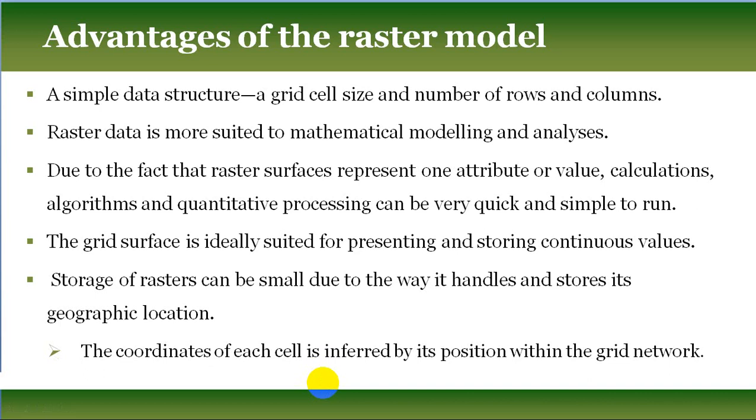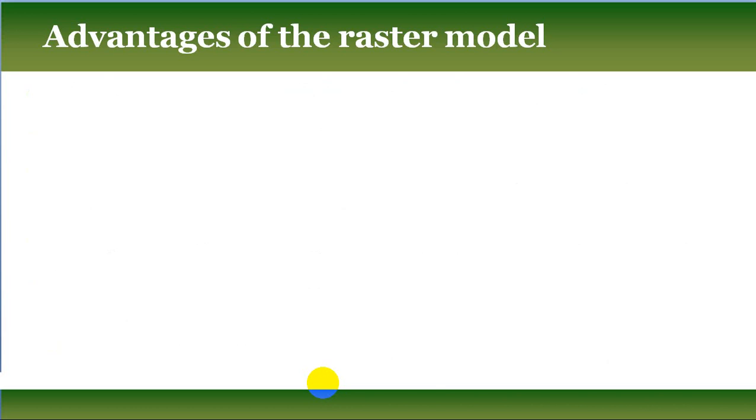The coordinates of each cell are inferred by its position within the grid network. So when you store the coordinate information within raster data, every cell or every pixel within a raster contains some sort of coordinate information. So those are the advantages of the raster data model.